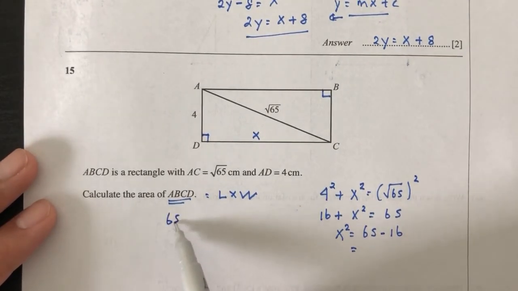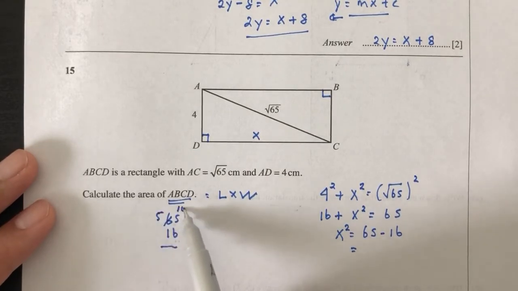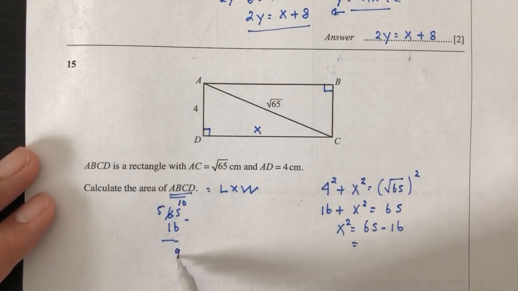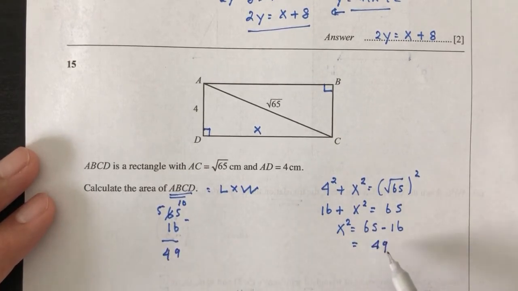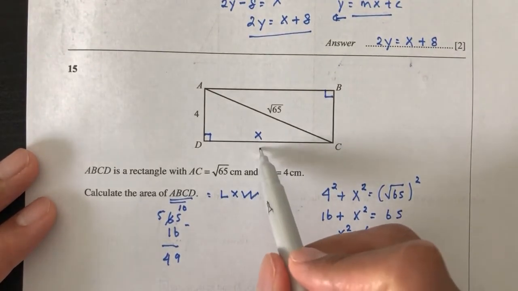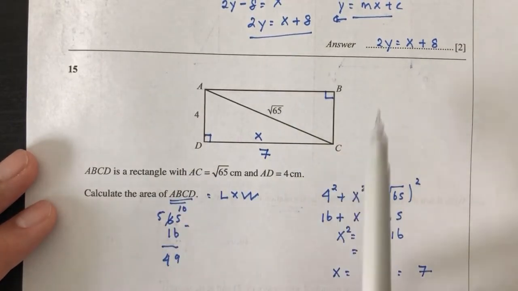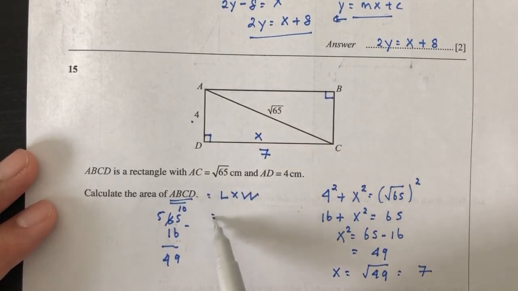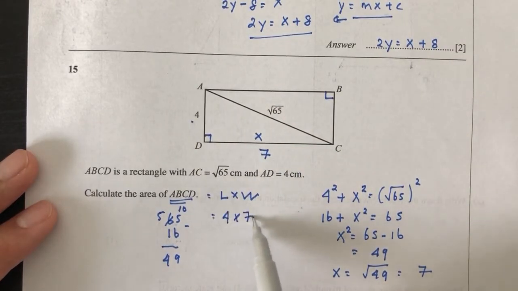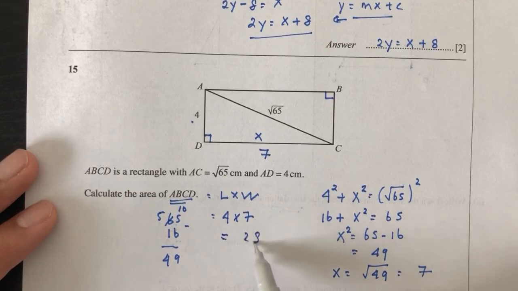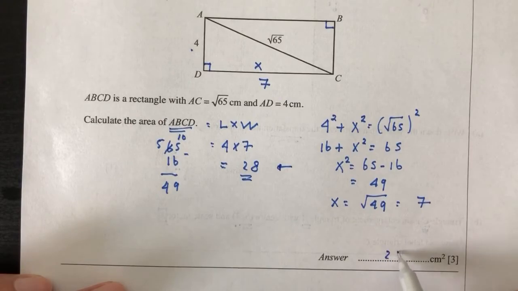So 65 minus 16, that will be 49. So the value of x will be square root of 49, that will be 7. So which means this length here is 7. So how do you find the area of ABCD? 4 times 7, that will be 28. And this is your answer for part 15, 28 centimeters square.